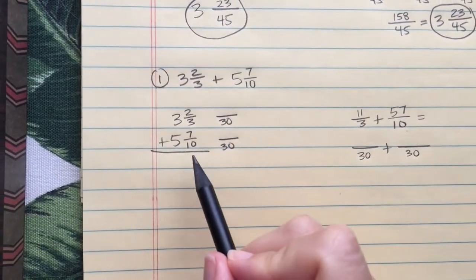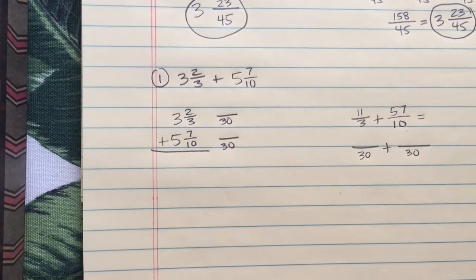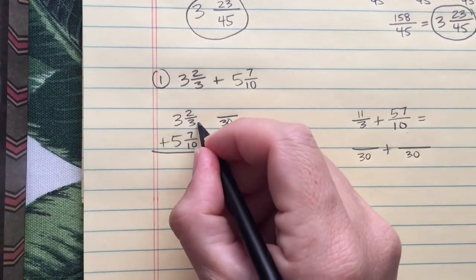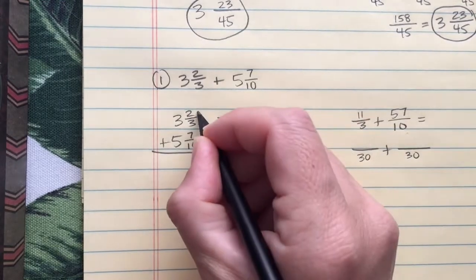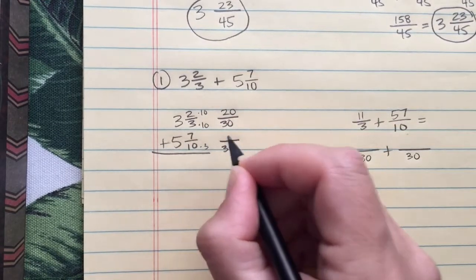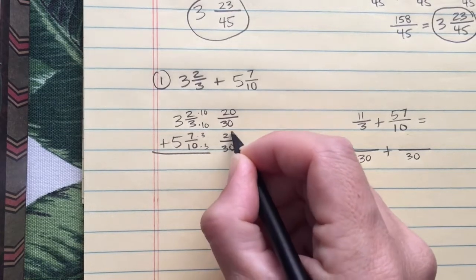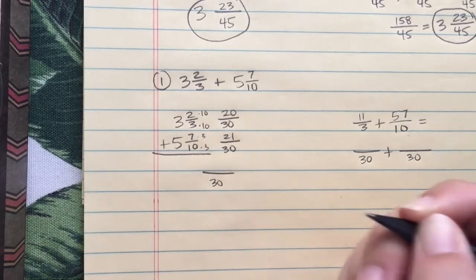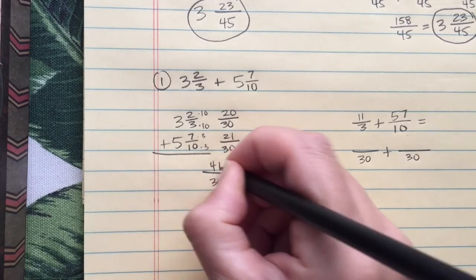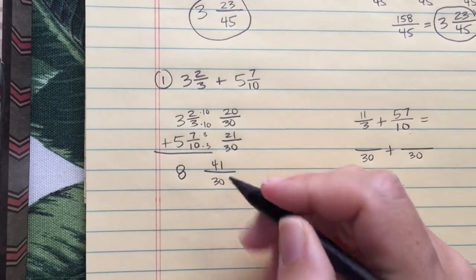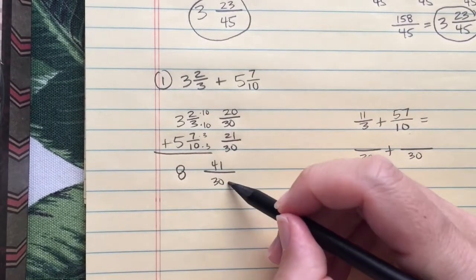Okay, so for the stacking way, let's start with that one first. Common denominator here is going to be 30, so I'm just going to change my fractions. Okay, let's talk about this situation here.